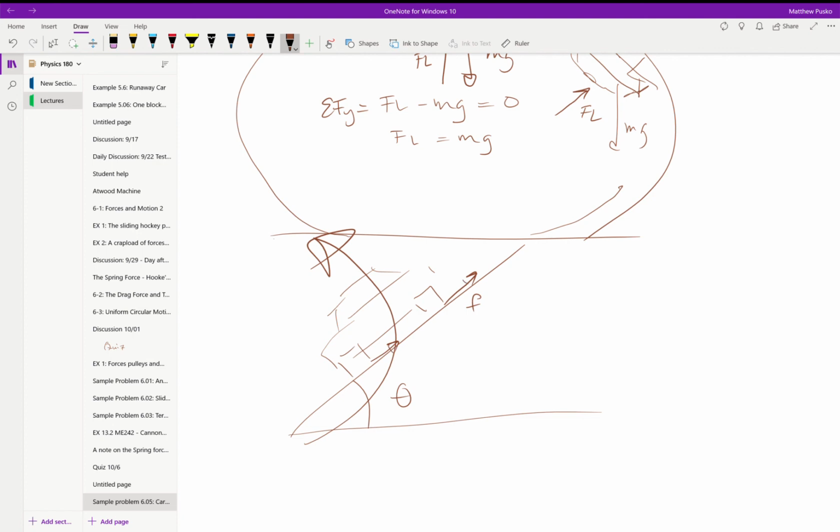That's the whole point of banking the corner. If we can bank it to a certain angle, you can literally go around that corner and make the turn without even touching the steering wheel. So that's what we're going to be doing next, and we're going to have to break up the components a little bit differently than we're used to.